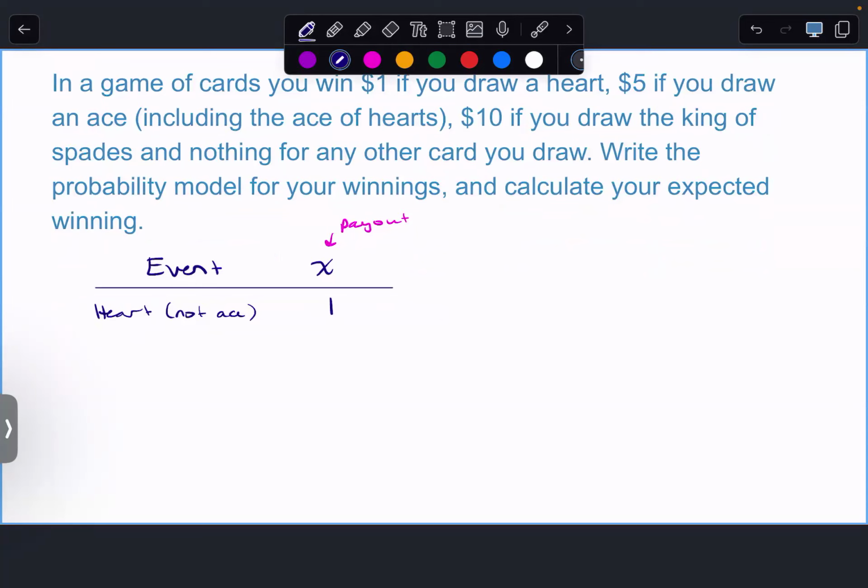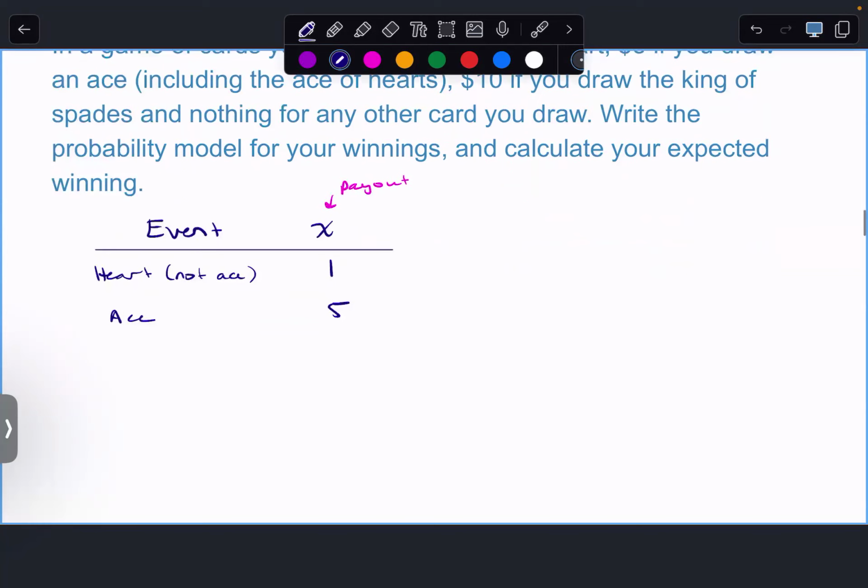If you draw an ace, any ace, you get $5. If you draw the king of spades, you get a whopping $10.